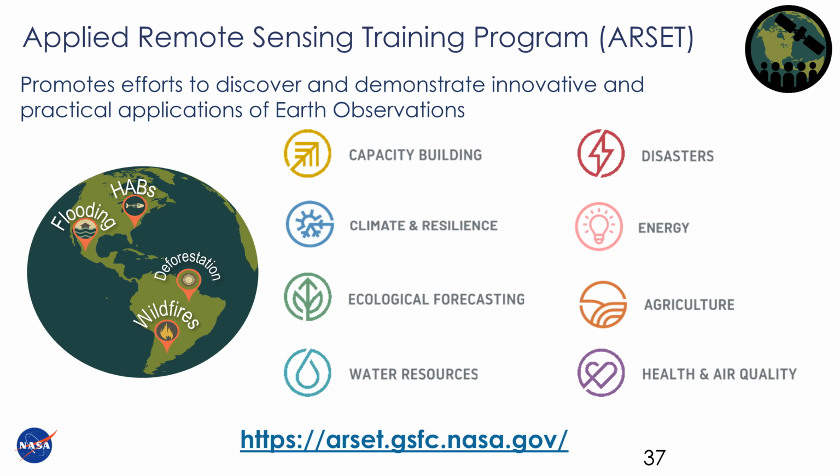And they're freely available on any of these topics, any and all of them, and at all different levels. Some are just awareness. So if you want to know more about what NASA does in agriculture or water resources, you can go to ARSET and look at the introduction or these high-level descriptions of what we do in these areas.